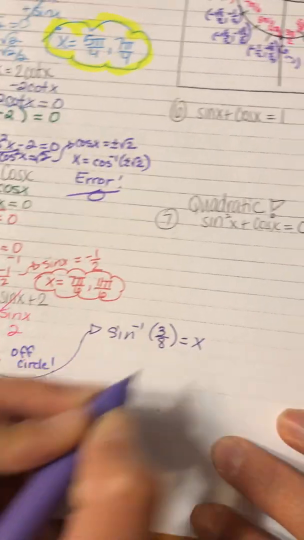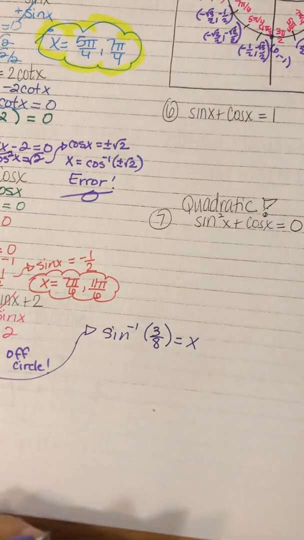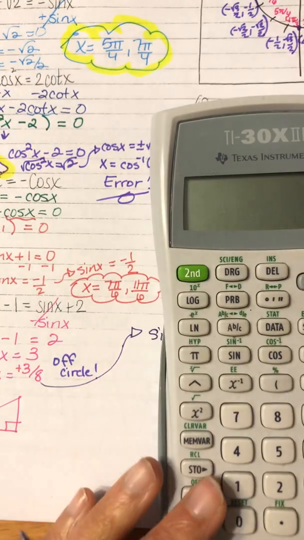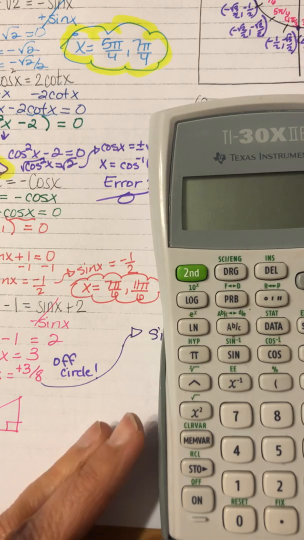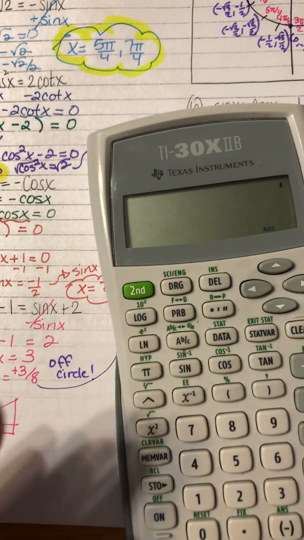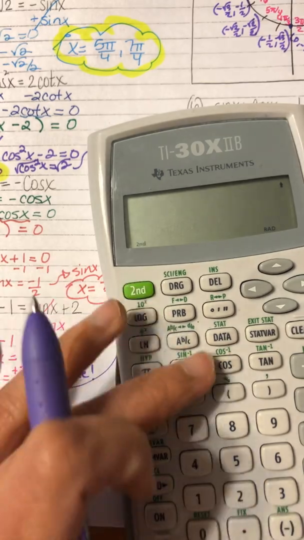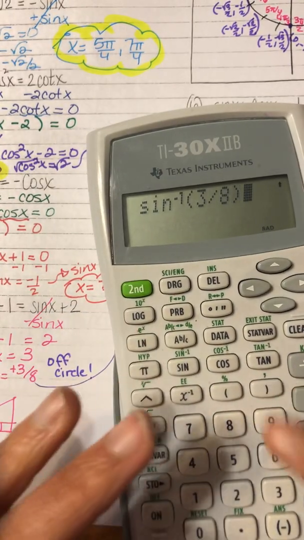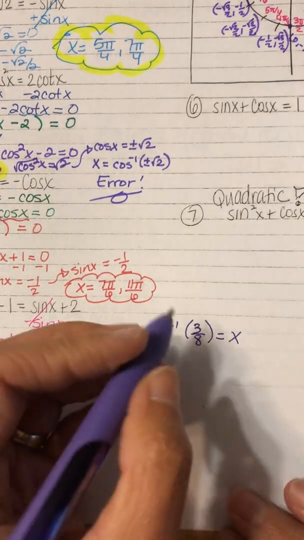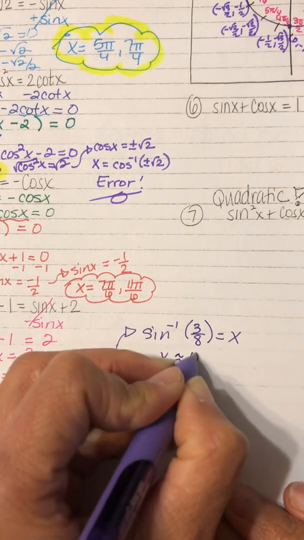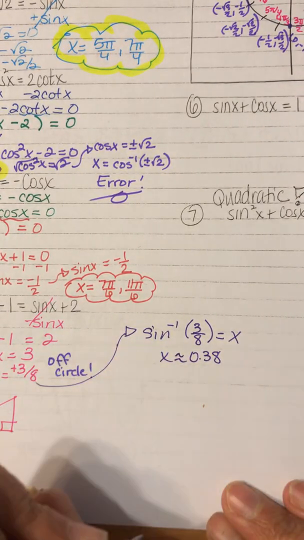That's going to be what x is. So I need my calculator for that. And remember, this is going to be in radians. It's not going to be in degrees, and I'm already in radian mode in my calculator. So sine inverse of 3/8 is 0.38. So x is approximately 0.38.